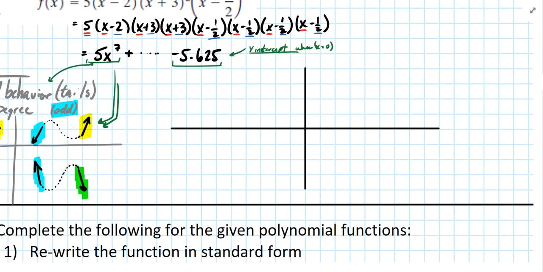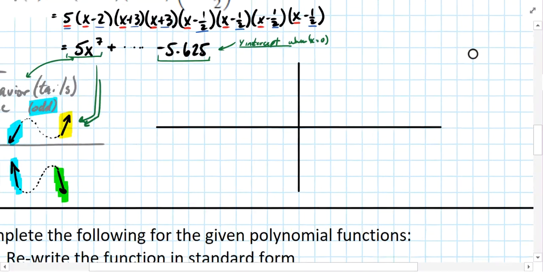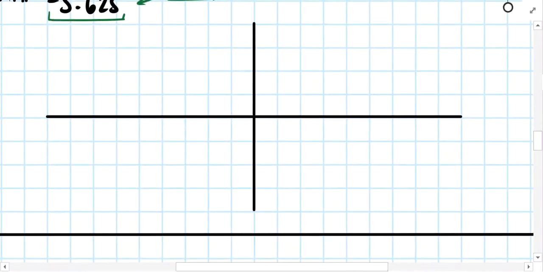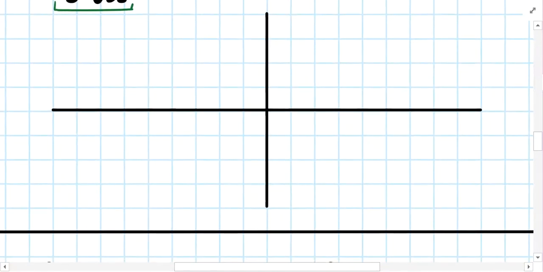So with a little bit of interpretation and a little bit of math, we can actually predict what the shape of this graph will be without having to completely analyze the function. Because of the factored form, we know that there is a 0 at positive 2, negative 3, and positive 1/2.